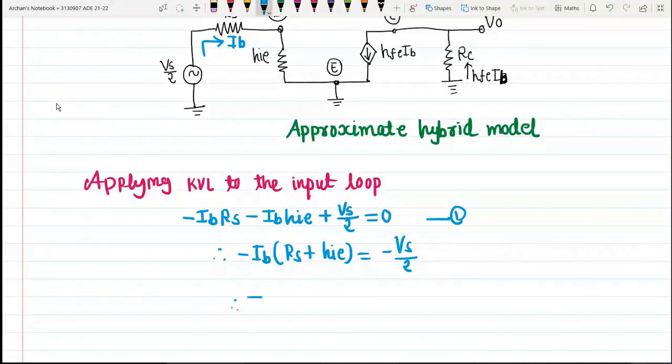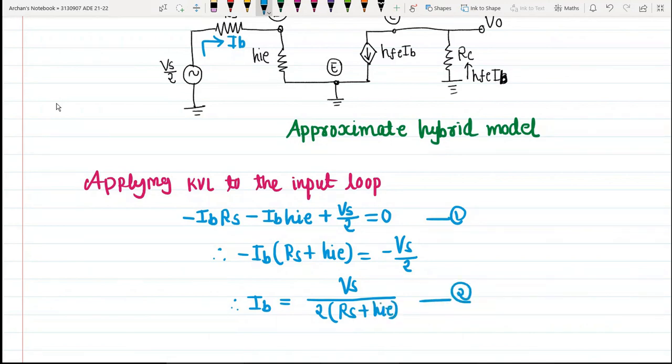So we will get the value of IB is equal to Vs by 2 times RS plus HIE. Okay, so this is our outcome of the first input loop. We have applied KVL to find out the unknown value of current.